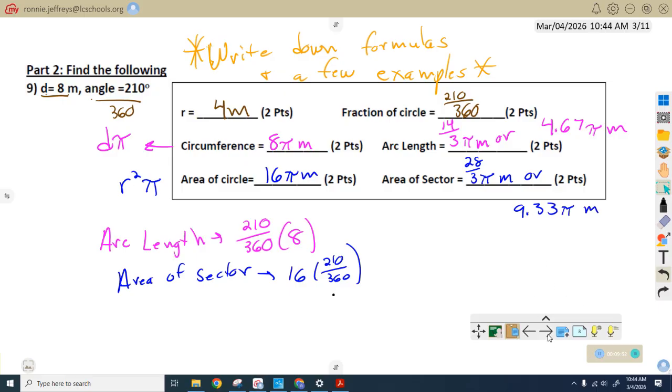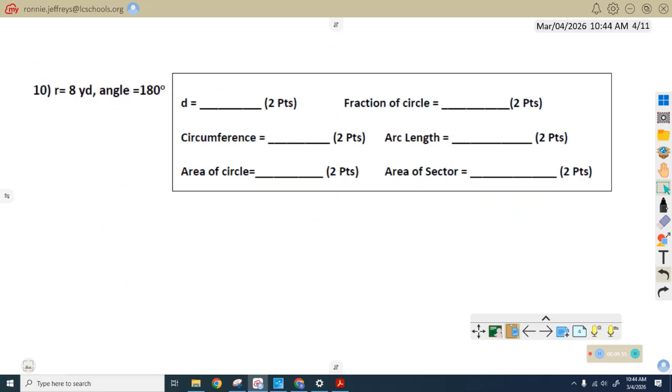So, moving on to number 10. If our radius is 8, our diameter is 16. Fraction of the circle is 180 over 360. Circumference, remember, is d times pi, so 16 pi yards.